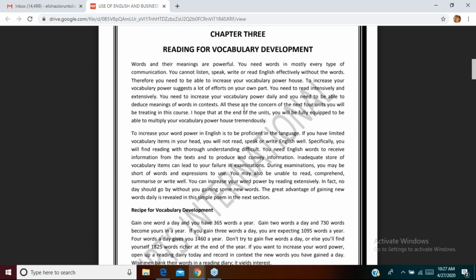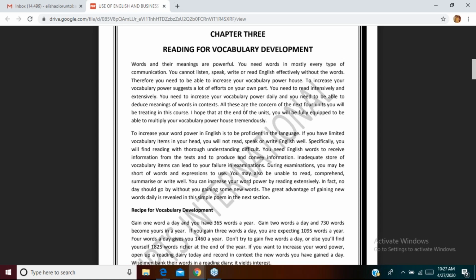To increase your vocabulary power requires a lot of effort on your own part. You must be deliberate about your development. Very important. You need to read intensively and extensively. You need to increase your vocabulary power daily, and you need to be able to deduce the meaning of words in context.